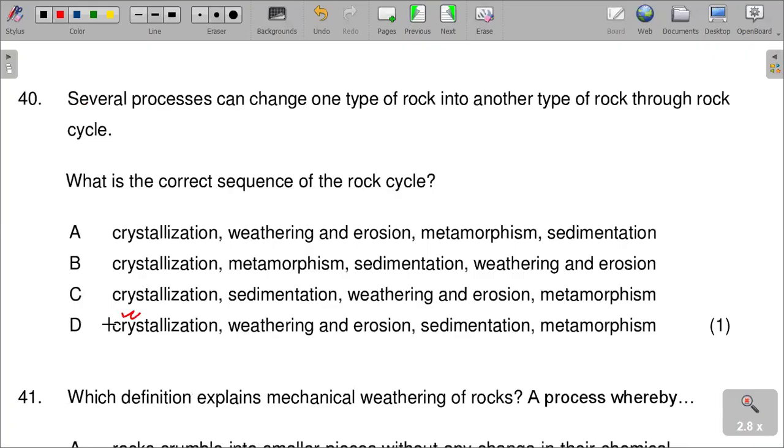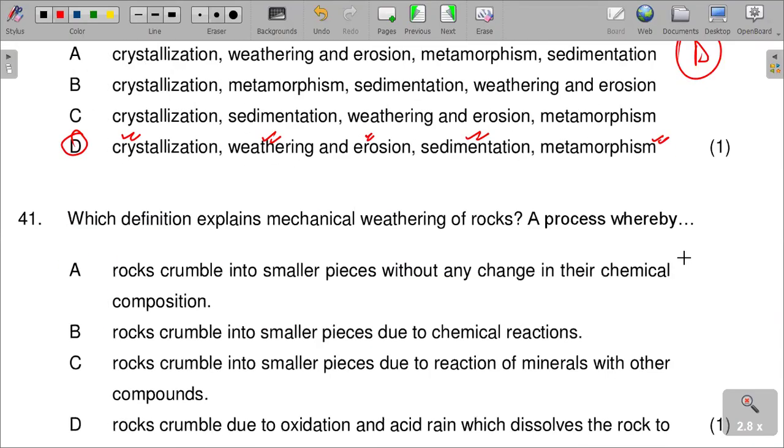We talk about weathering, erosion, sedimentation, metamorphism. So we can say that D can give us the best answer.